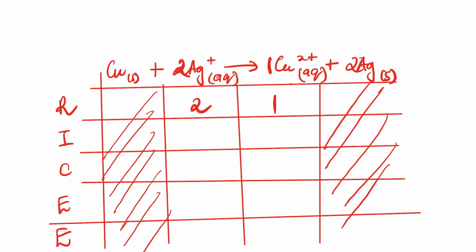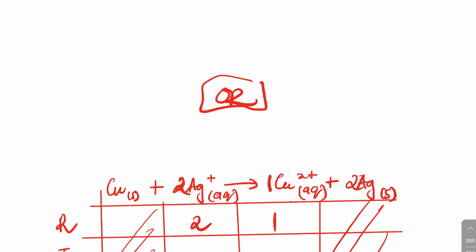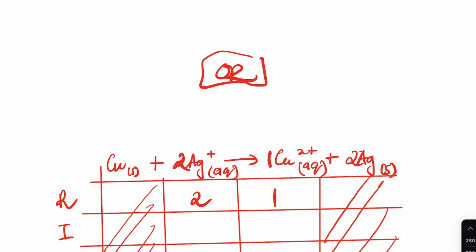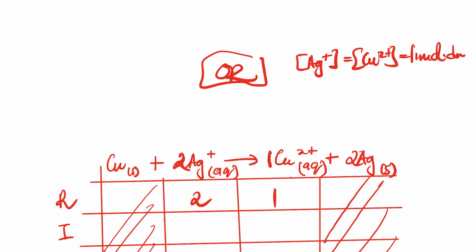What is the initial number of moles? As I've mentioned, the concentration of silver ion is equal to the concentration of copper ion, which is 1 mole per dm3, in a volume. What is the volume? The volume we were given was 0.2 dm3.